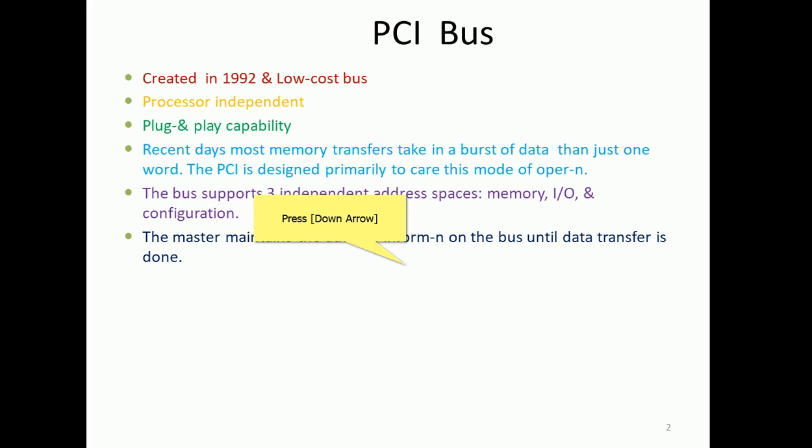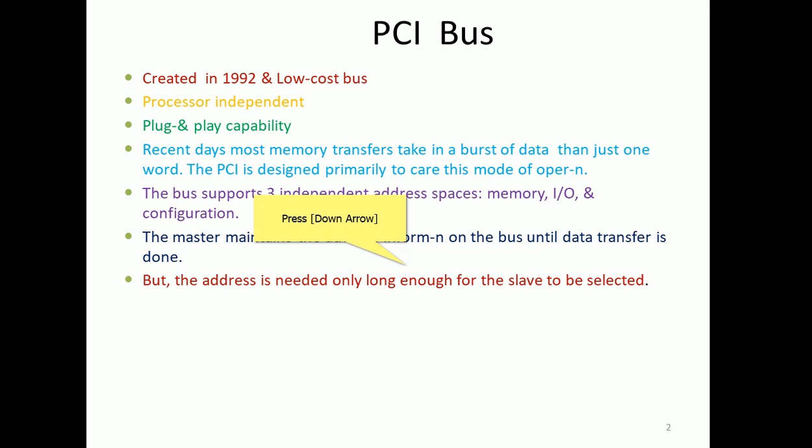At the receiving side, slaves have a buffer. The data will be there in the bus buffer till the slave downloads the data on its premises. For that, the master maintains the address information of the clients on the bus till the transmission is completed. That is the meaning of that.